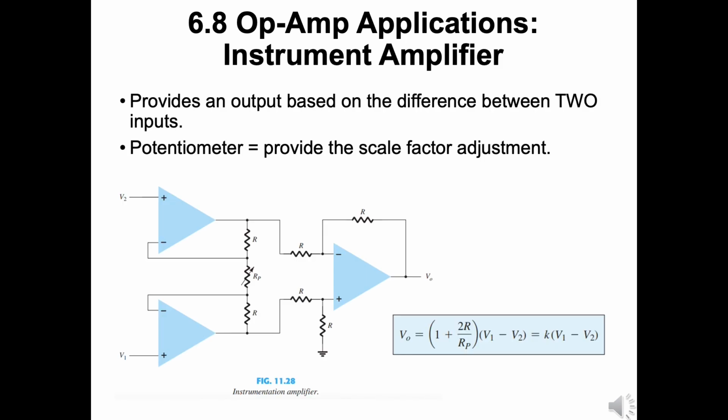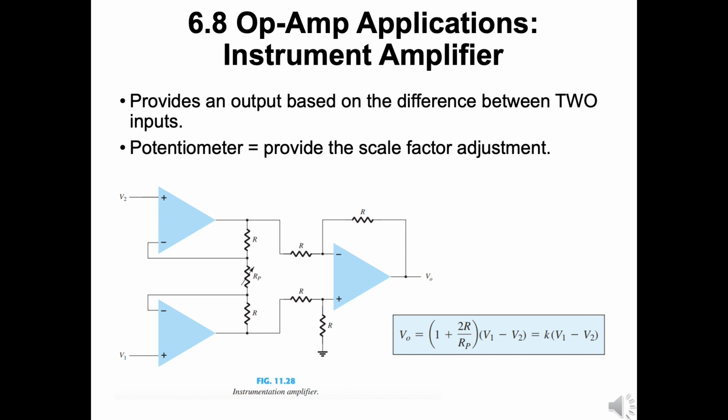The second sub-chapter for the op-amp applications is the instrument amplifier. A circuit providing an output based on the difference between two inputs, times a scale factor, is shown in this figure.